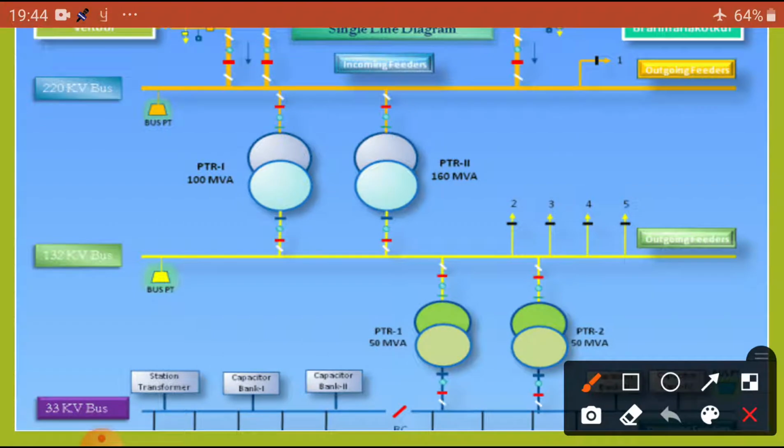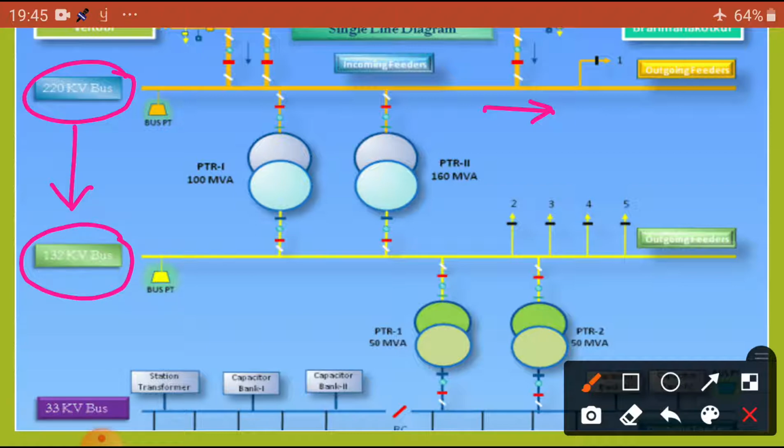You can see this yellow color is one bus bar, at the 220 kV voltage level, and 220 kV is stepped down to 132 kV with the help of two PTRs, PTR 1 and PTR 2. Once again, from 132 kV to 33 kV the voltage is further stepped down with the help of other PTRs. You can see here.